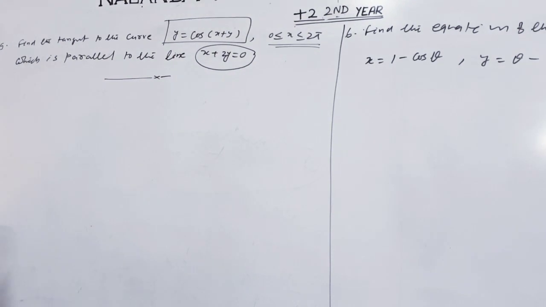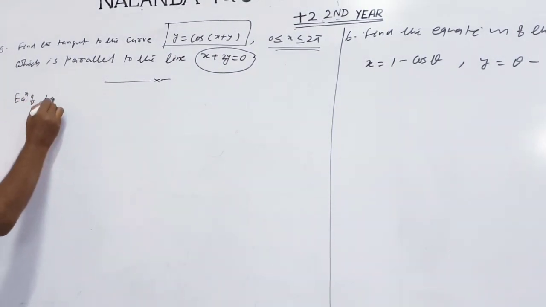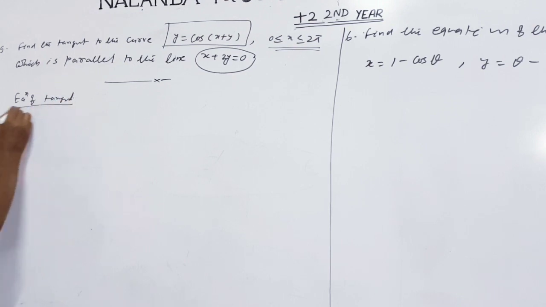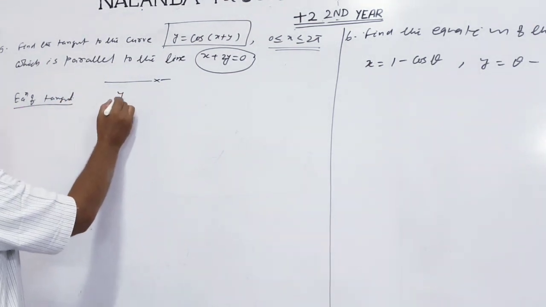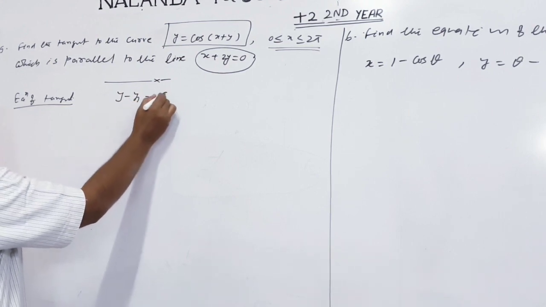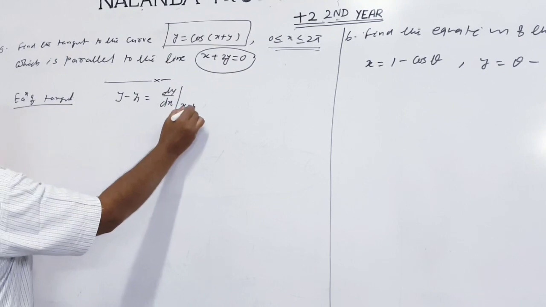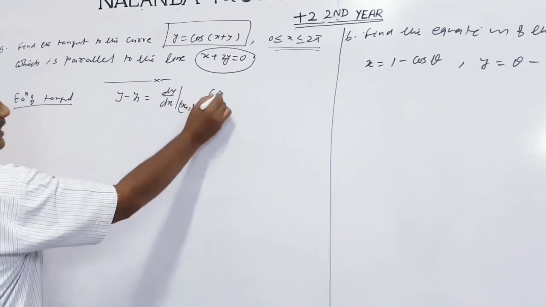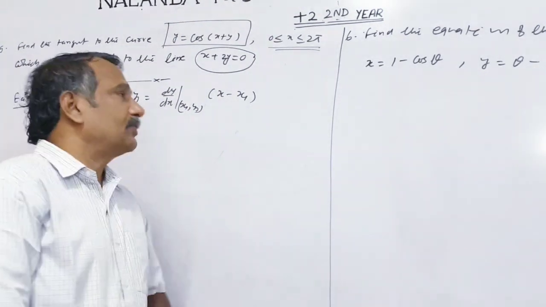Now here, first write the formula. The equation of the tangent is y minus y1 equal to dy by dx at (x1, y1) into x minus x1. This is the formula of the equation of the tangent.